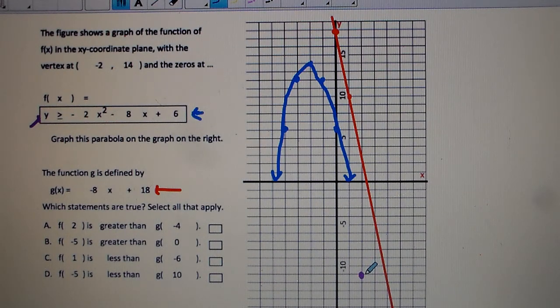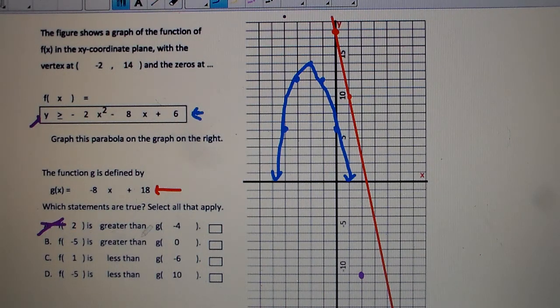And when g is at -4, so 1, 2, 3, 4, we assume it's going to be somewhere up here because that's where the line is going. We're saying that this dot here is greater than that dot. Clearly that is not true. This original line, the f of 2, is less than the g of -4. So that's not true. We're not checking that checkbox.